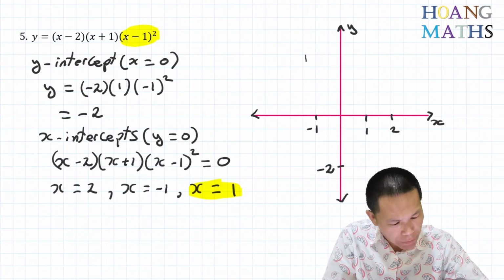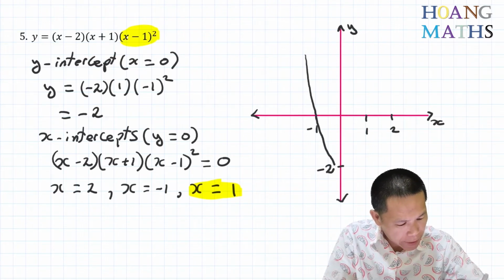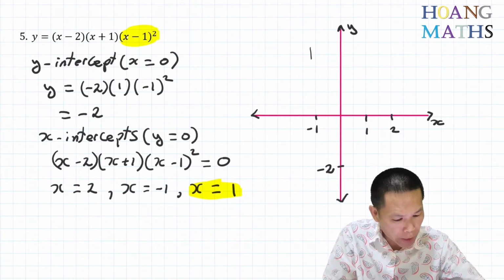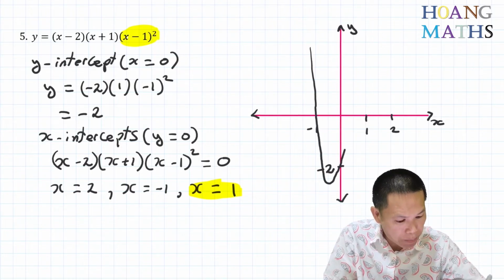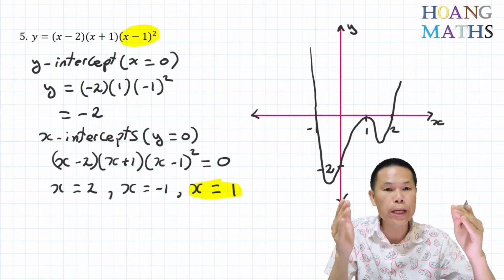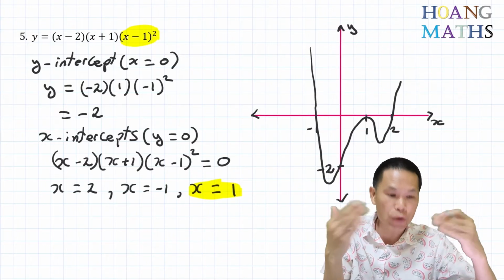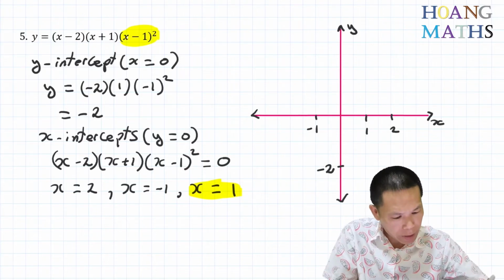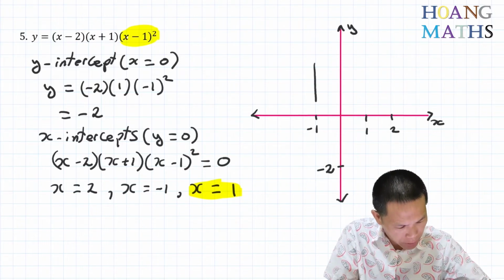So the graph starts from here. It's either turn like this and go up, or it could go like this as well, all the way up and then turn. So we're not sure because we don't know whether it turned at the y-intercept or not. A rough sketch, okay? So I just do it again.